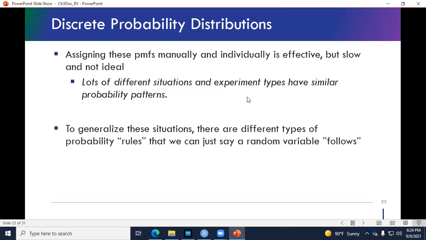And lots of different situations and experiment types have somewhat similar patterns. So that's why we generalize the situation and name them probability distributions. These are different types of probability rules that we can just say a random variable follows. So we always see some random variable follows some type of distribution.